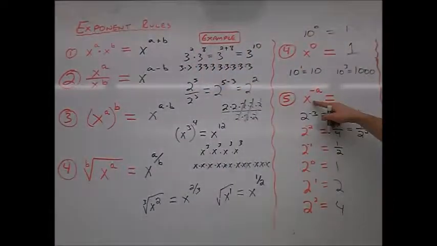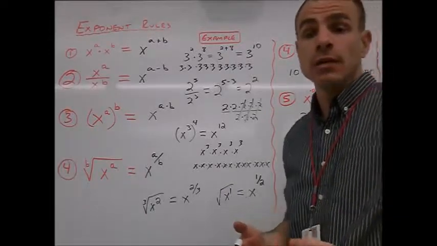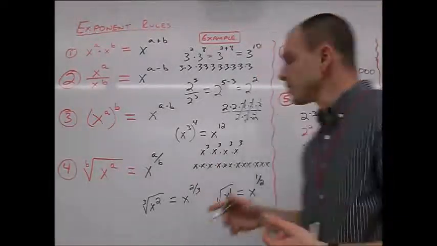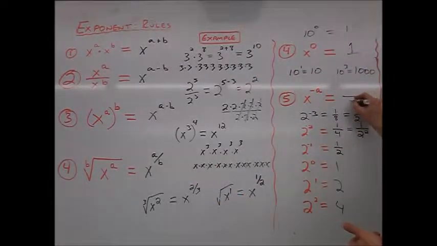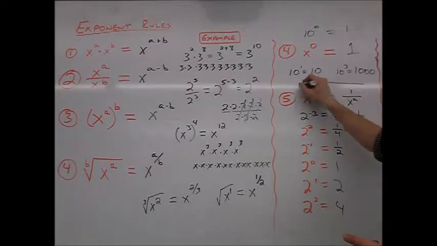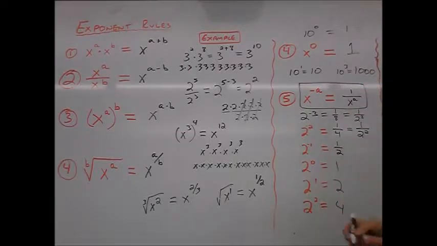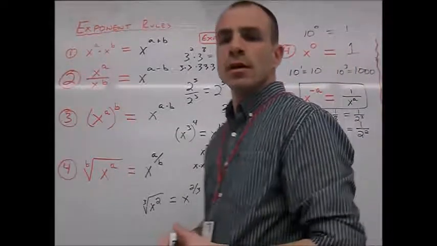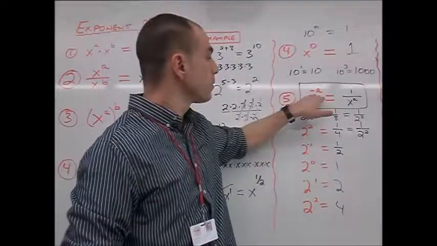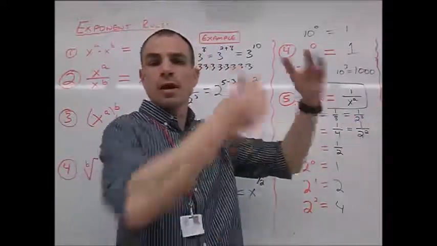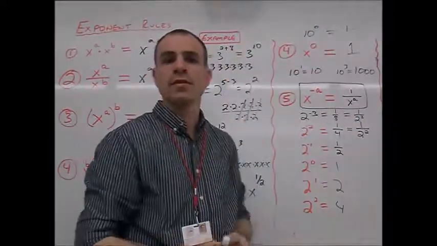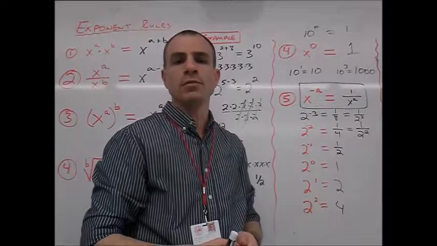If we have x to the opposite of a, we have a negative exponent, we want to get rid of that negative sign. Well, we can make our exponent positive, but it needs to move down with the base into the denominator. That's our final exponent rule right there. Again, a negative exponent can become positive as long as the entire term that belongs to the exponent is moved down into the denominator.